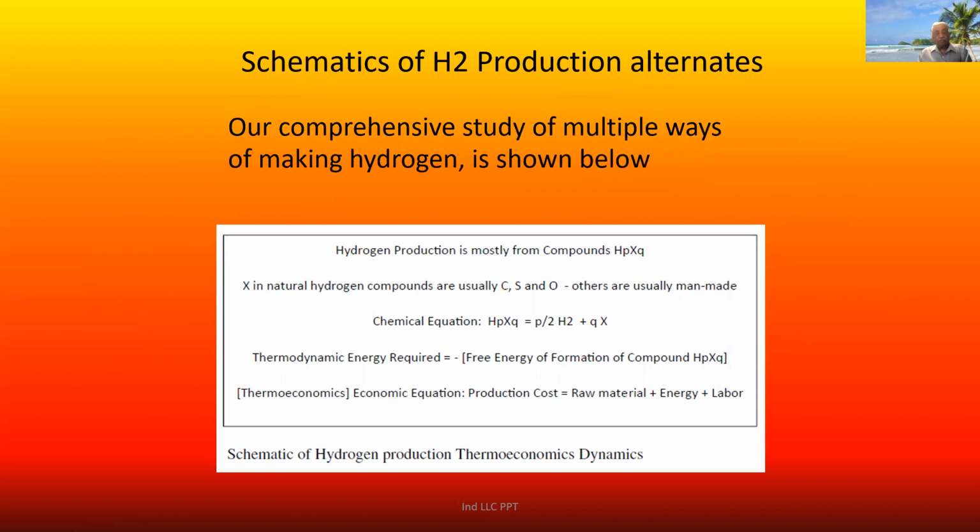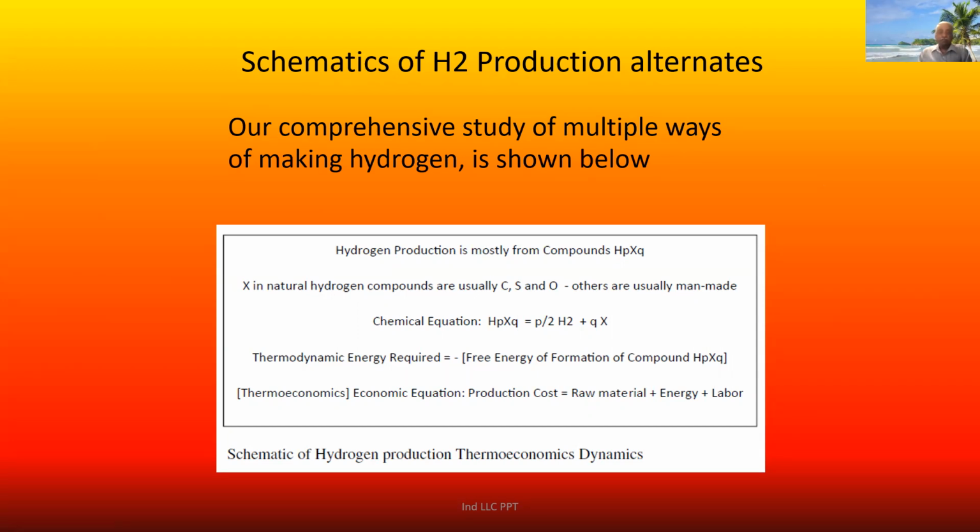We have already said these come from compounds. The compounds are depicted by H subscript P, X subscript Q, giving P by 2 molecules of hydrogen plus Q molecules of X. The thermodynamic energy is the minimum energy required, computed from the negative value of the free energy of formation of the compound.